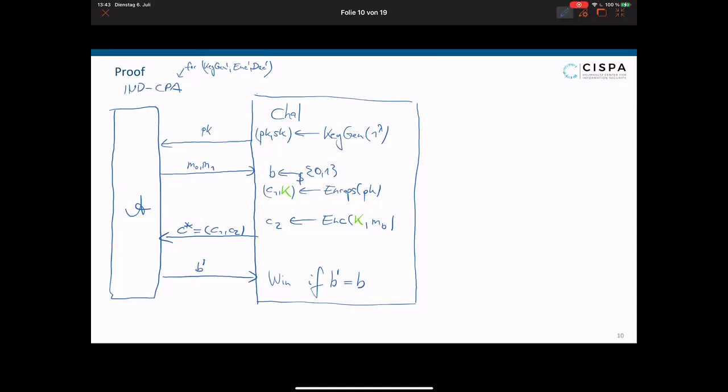We will move to some Exp prime, but what am I going to change there? What could I do differently?